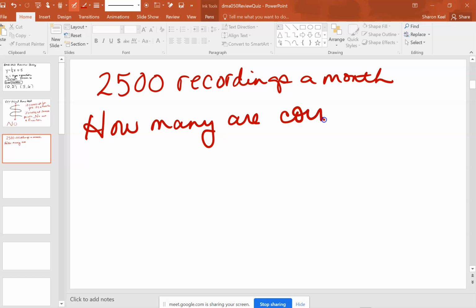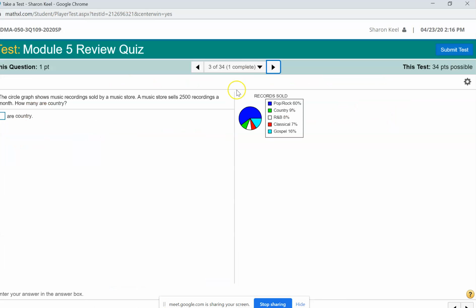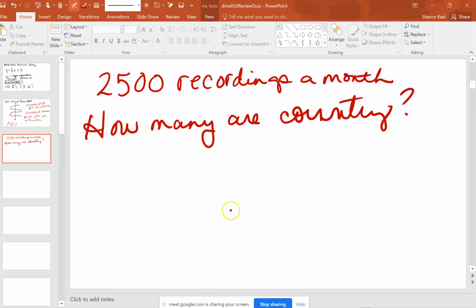So we're going to look back at the graph, and we're going to identify country. So here is the graph. Country is in green. Green is 9%. So 9% are country, but we want to know the number of recordings. So we're going to take the number 9, we're going to divide it by 100, and that's going to give us a decimal of 0.09.